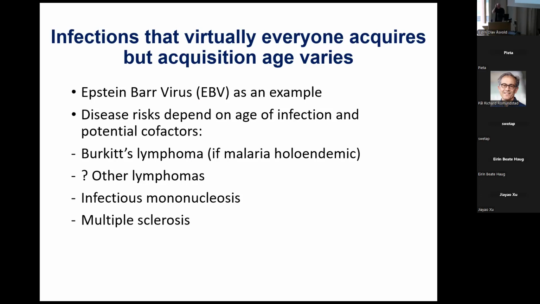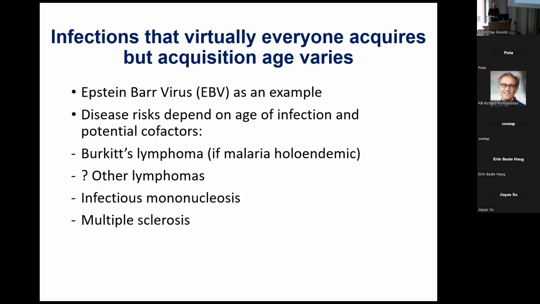But Epstein-Barr virus would be an example of this. Massively oversimplifying a large literature, there's evidence that the disease risk from Epstein-Barr virus infection depends on the age of infection and potential cofactors.